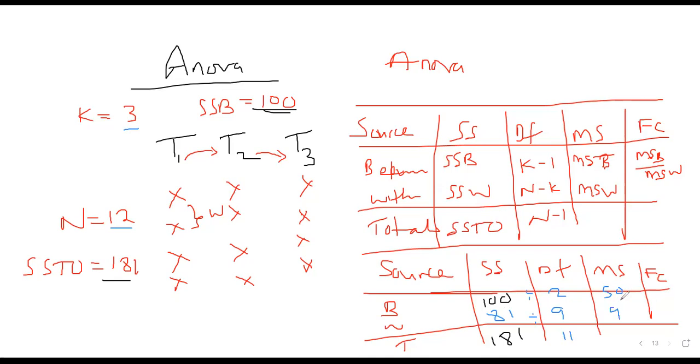Then the final divide: 50 divided by 9, we get 5.55.